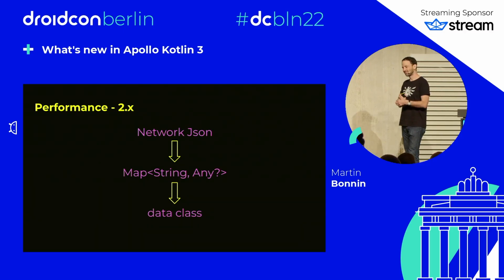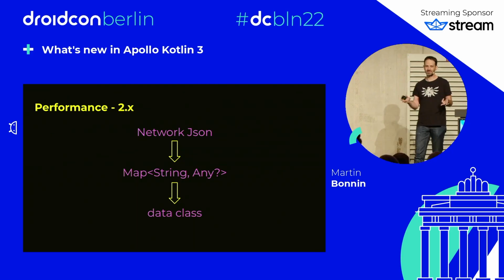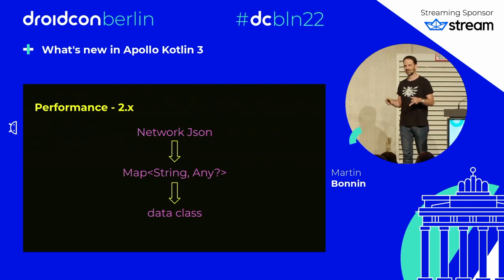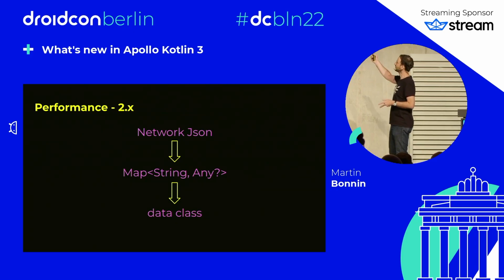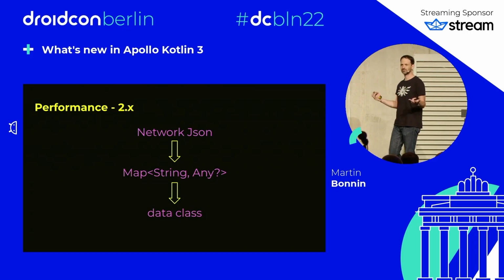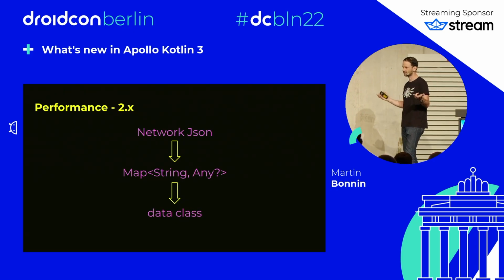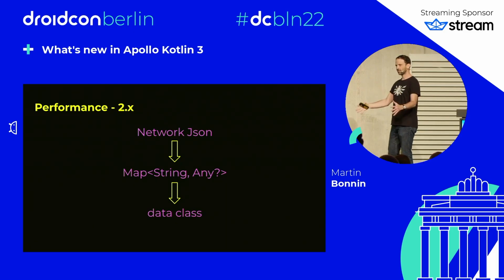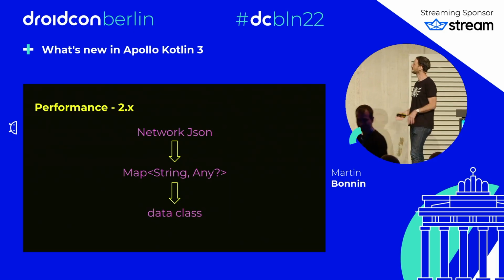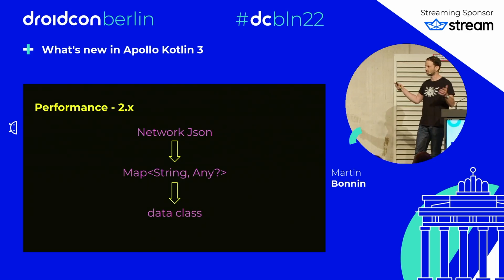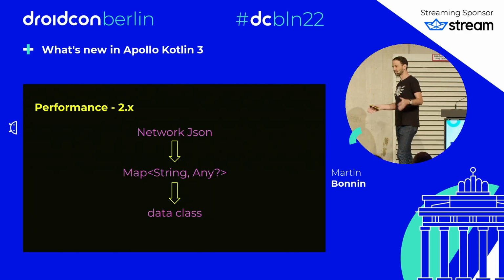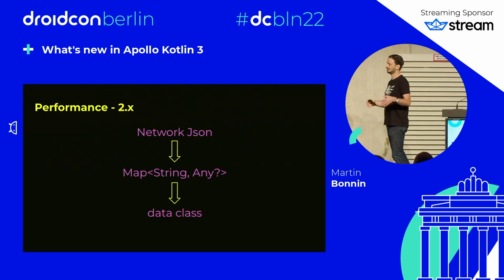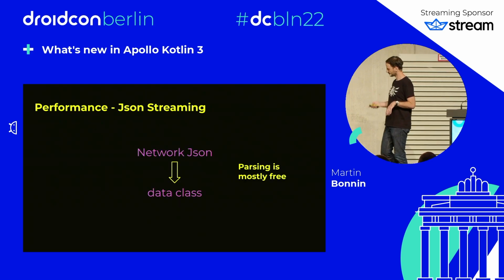We've seen Kotlin Multiplatform, we've seen new codegen options, and really the last focus of this big version was performance. In version 2, we used to do something like this. So you had a network JSON, so bytes you get from the network. We would get all of that and put it inside a big map. So we allocate the size for the full response and put it in a dictionary. And then from that dictionary, we would start parsing and generate the data classes.